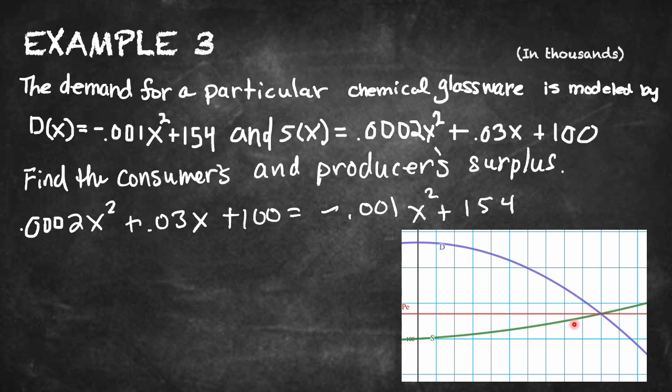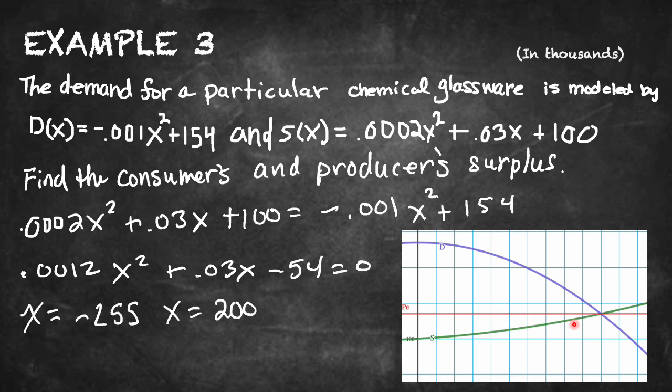Now we're going to move everything to one side and set it equal to 0, so we have a quadratic to solve. And then we can use whichever method we want: quadratic formula, complete the square, factoring, whatever your preference is. Once you solve for x, you're going to get x is negative 255, or x is 200.